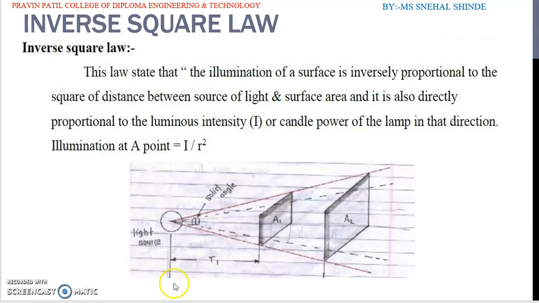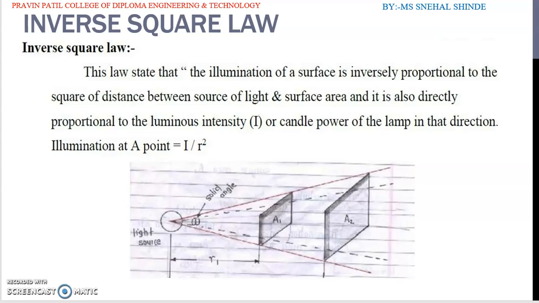So from here to here the distance is R2. This is the R1 distance and this is the R2 distance from this point. Let the solid angle subtended be omega steradians.